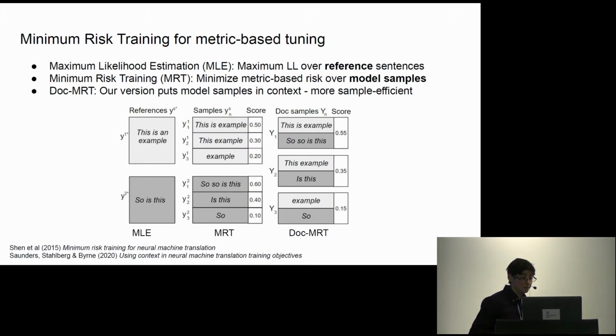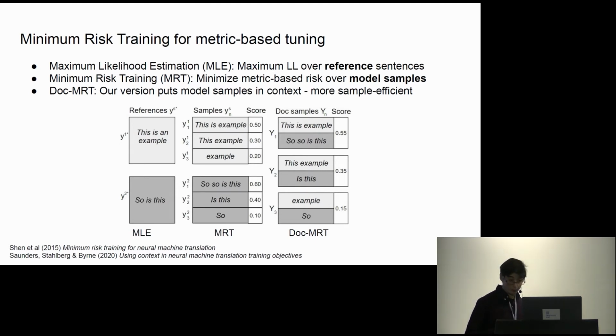Minimum risk training. It's an alternative to maximum likelihood training, which often gets used during fine-tuning of a model. The idea of maximum likelihood is that you train for max likelihood on reference sentences. The idea of minimum risk training is that you minimize a metric-based risk over model samples.